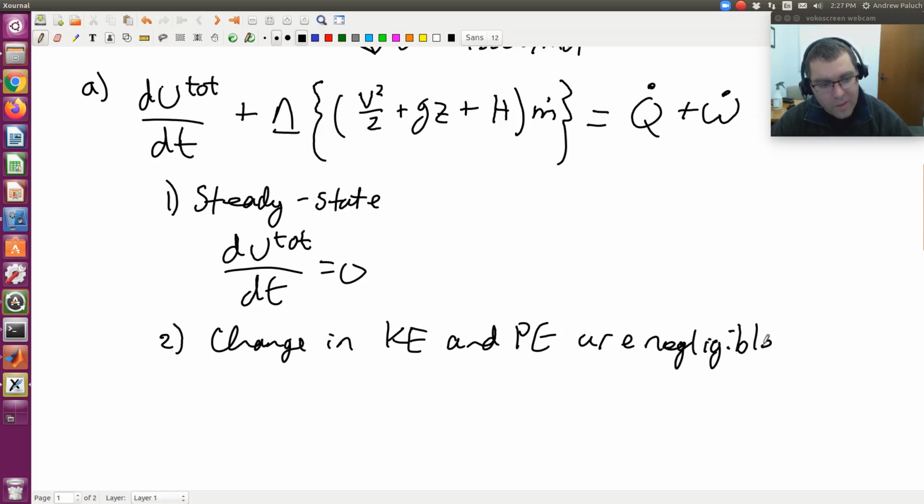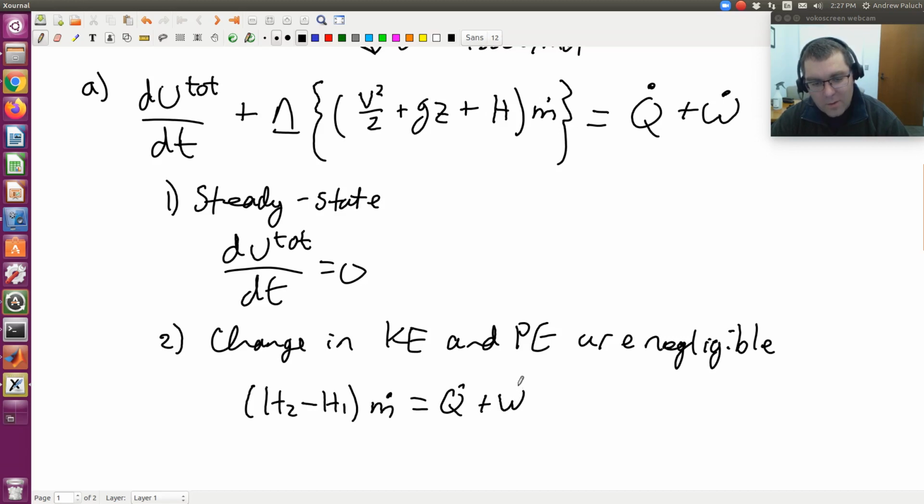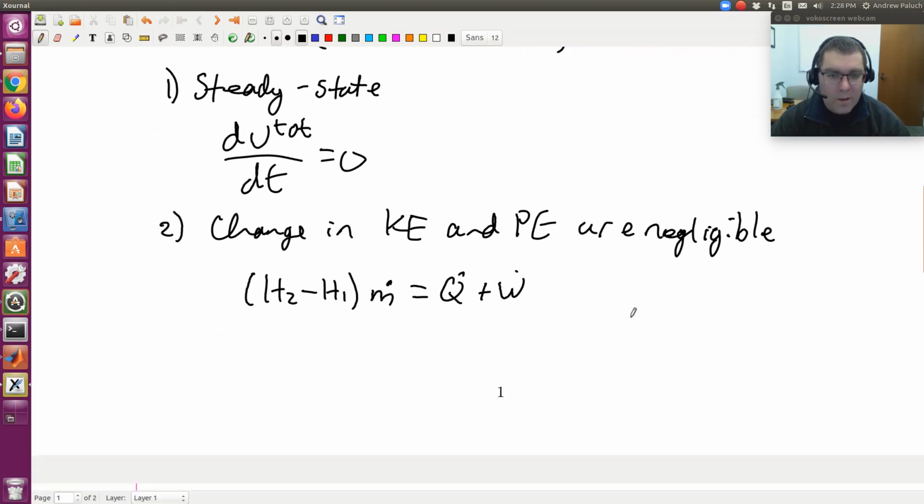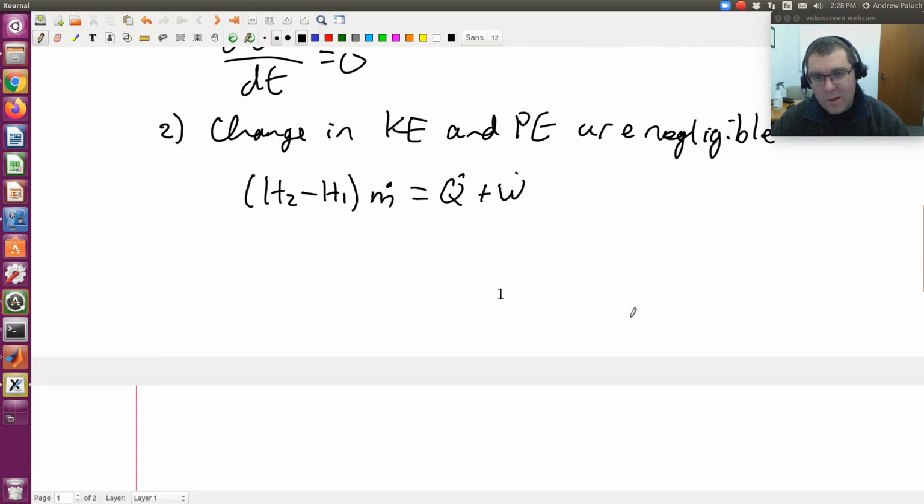So what I'm left with then, I'll write it as delta H. So I'm going to write it as H2 minus H1. Delta H times m dot is equal to Q dot plus W dot. Since we're at steady state, our mass flow rate's constant, so I'll divide through by m dot, and what I get is H2 minus H1 is equal to Q dot over m dot plus W dot over m dot.